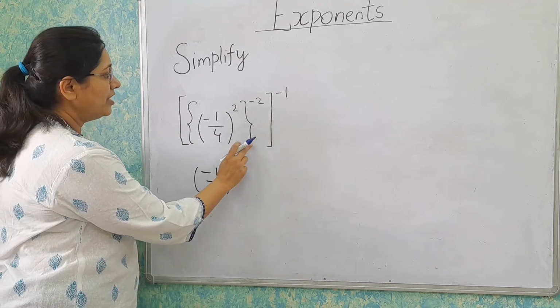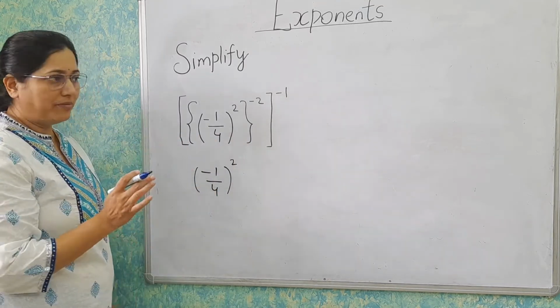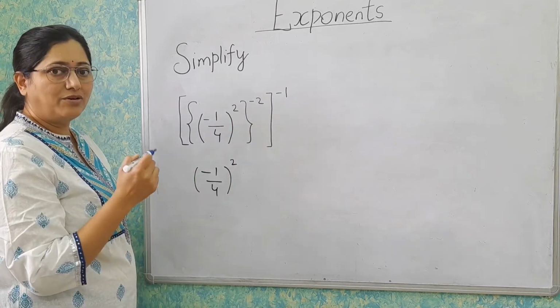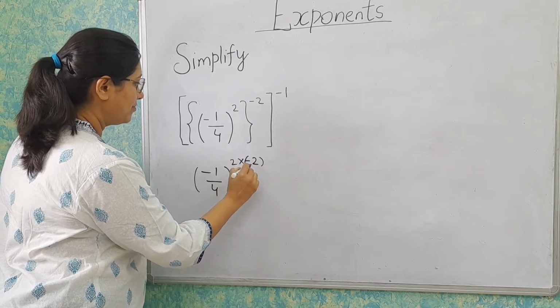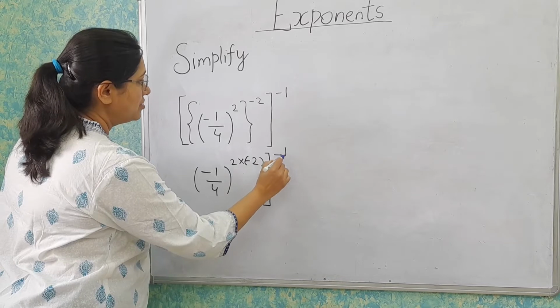2. Now I am opening this bracket parenthesis, and whenever we open the bracket we have to multiply the exponents because this is the law of exponent. And now I will enclose it in square bracket.